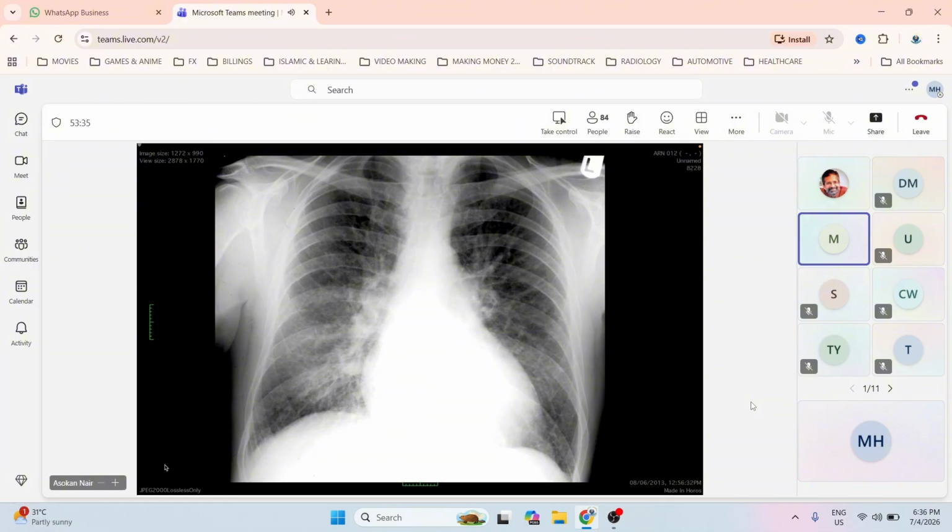Otherwise, I don't see any lung nodules or cavitation. I would also like to review the review areas. Both apices look okay. No hilar nodes. No pleural effusion bilaterally. The rest of the bones are unremarkable. No evidence of fracture or mass.